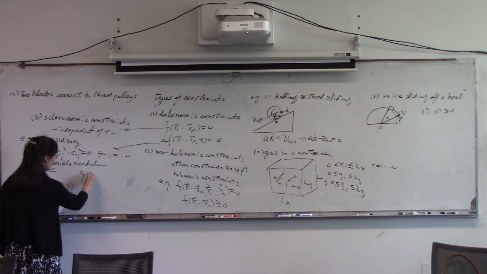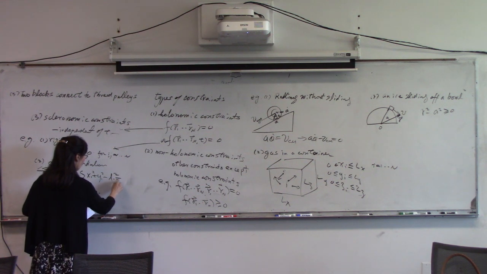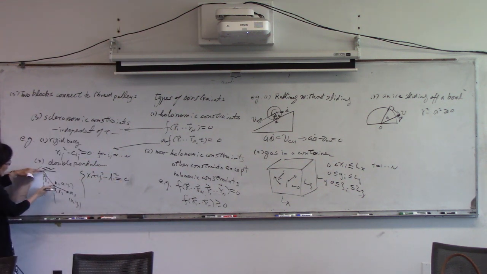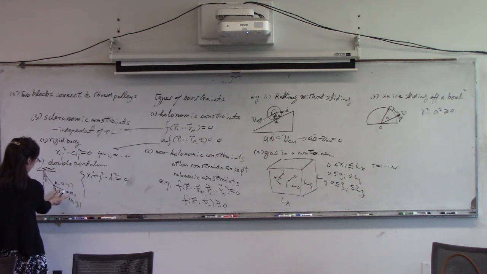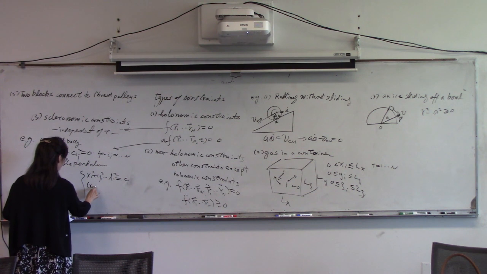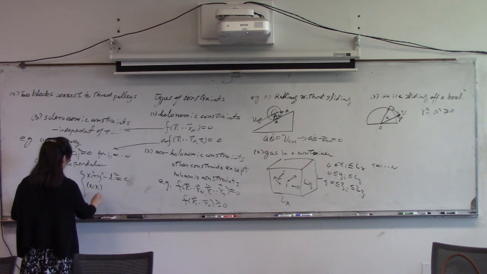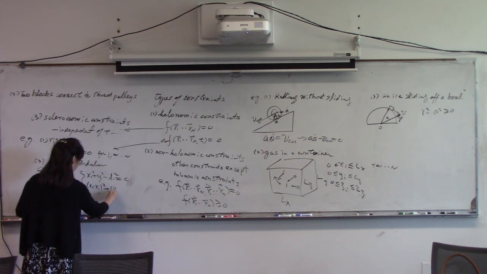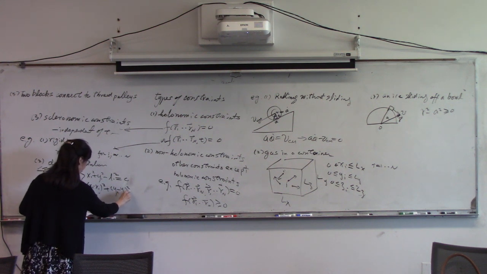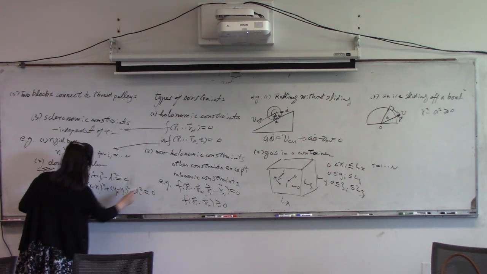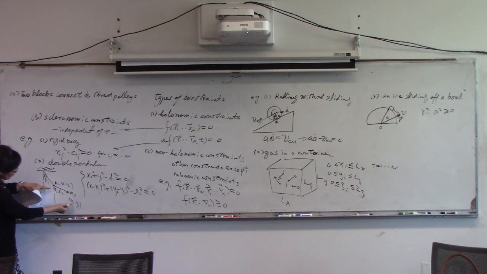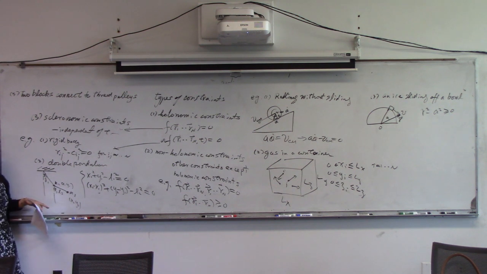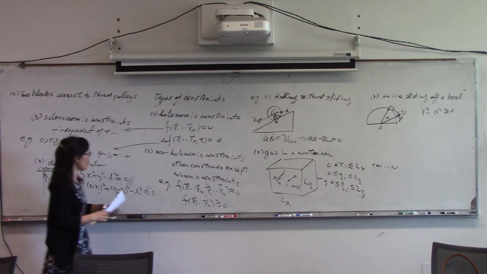So we have x1 squared plus y1 squared minus L1 squared equal to 0, right? Whatever changes, the distance always stays the same. And the other one is x2 minus x1 squared plus y2 minus y1 squared minus L2 squared equal to 0. This distance is x2 minus x1, and the vertical is y2 minus y1. And those are independent of time.